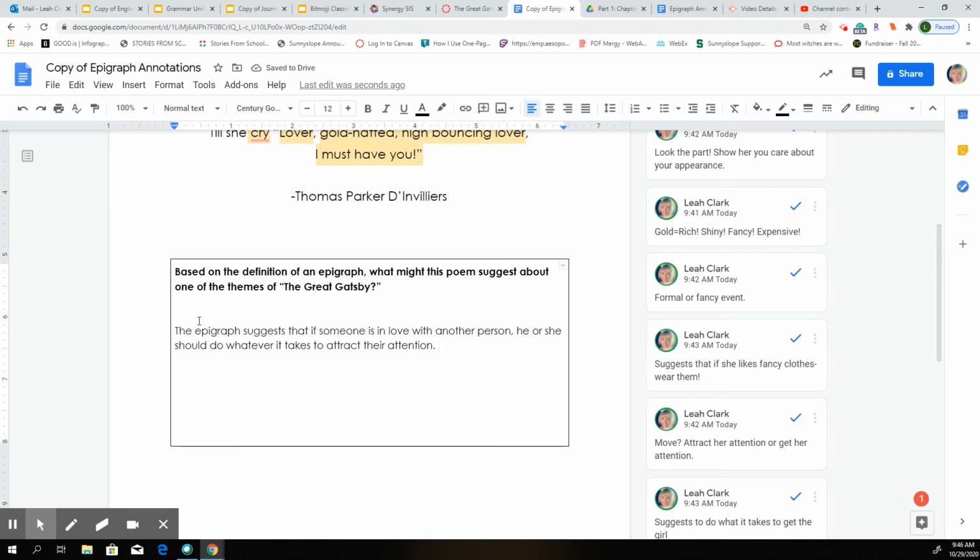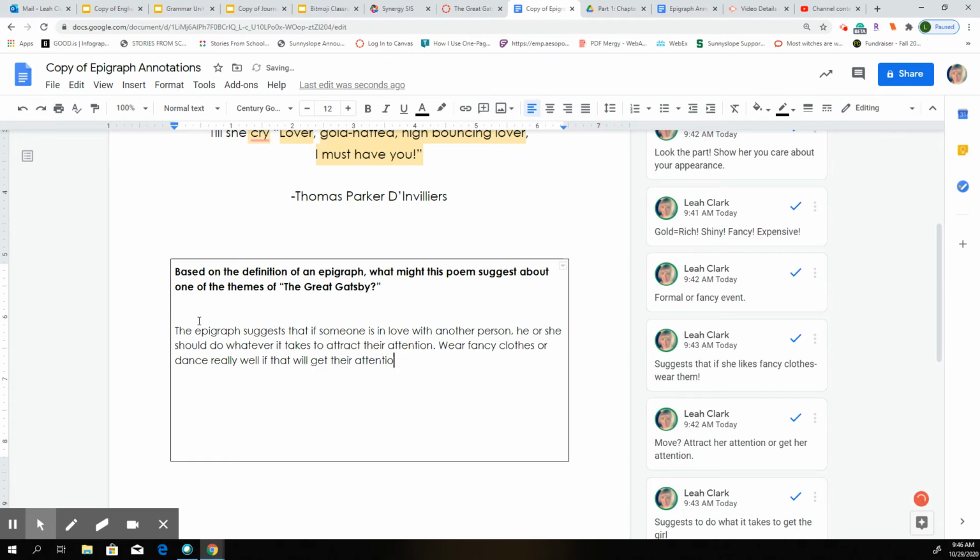The epigraph suggests that if someone is in love with another person, he or she should do whatever it takes to attract their attention. Wear fancy clothes or dance really well if that will get their attention.